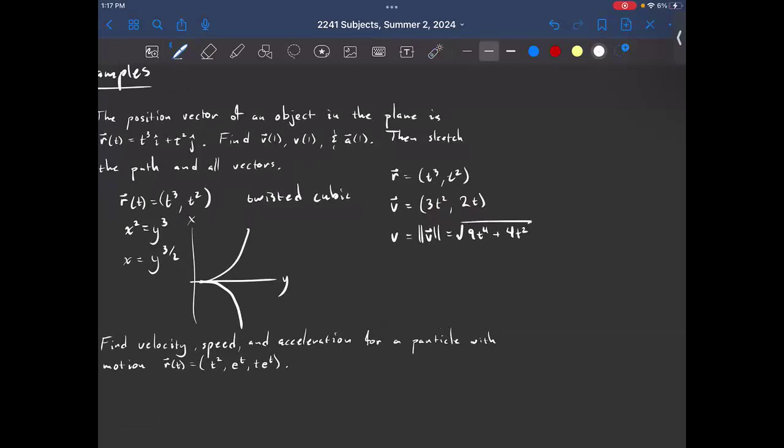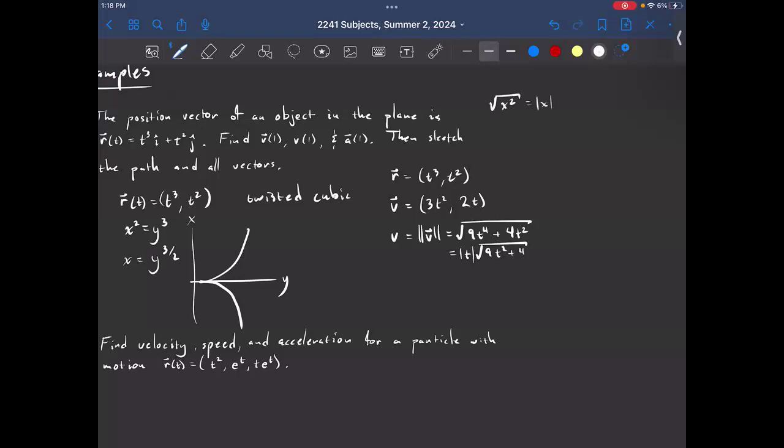All right, maybe we can simplify that just a little, factor out a t, and we get t square root of 9t squared plus 4. Okay, and actually I want absolute value of t in front because square root of x squared is absolute value of x.